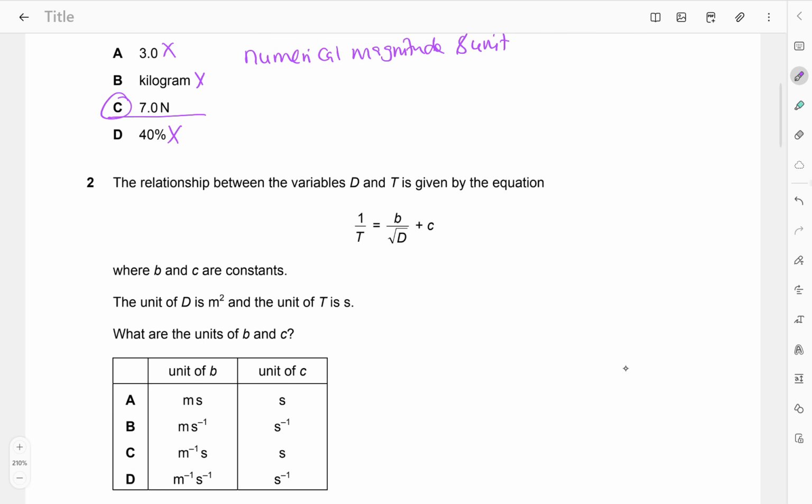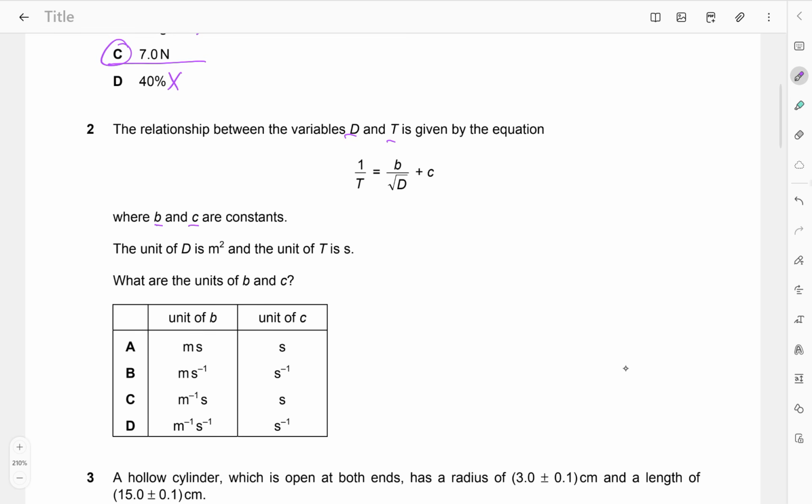The relationship between the variables d and t is given by the equation 1 over t is equal to b over root of d plus c. Where b and c are constants, the unit of d is meters squared and the unit of t is seconds. What are the units of b and c? Okay, so we can try to simplify this. By cross multiplying, we'll have this side times t.